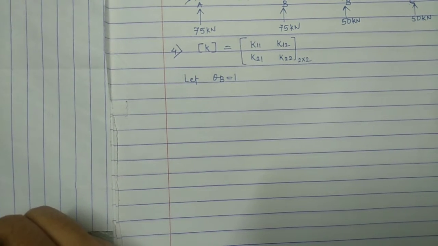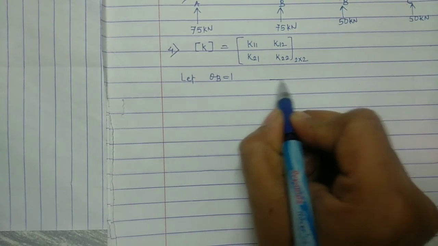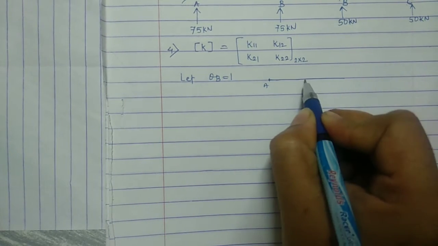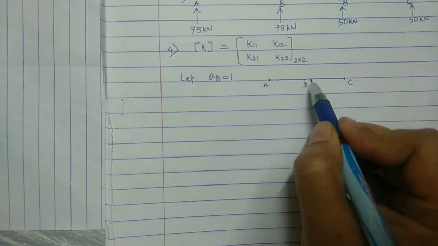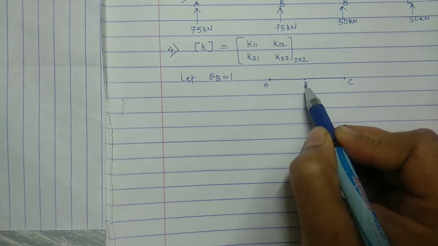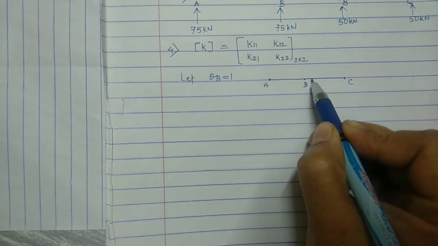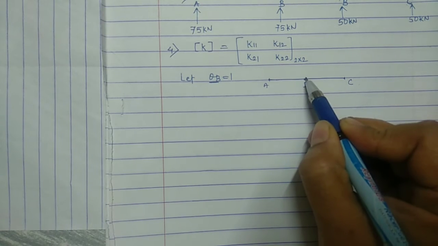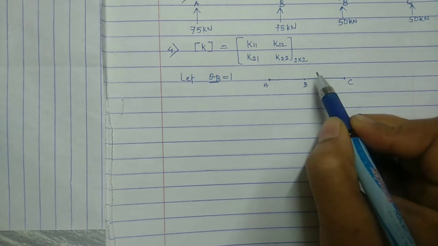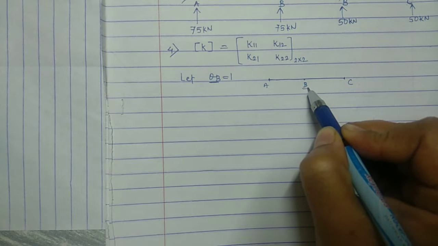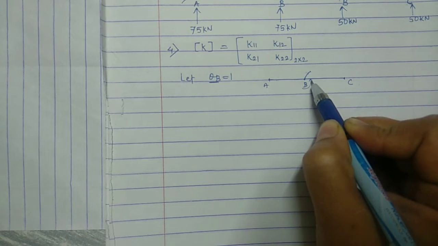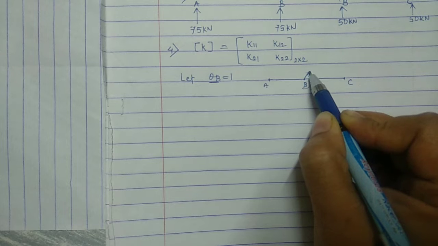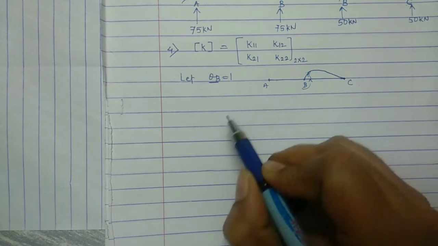When theta B equals 1, this is your structure, member support A, B, C. At this point B, you have to rotate in the positive direction, that means anticlockwise direction. So member BC will rotate in this direction, and its shape will be somewhat this way.